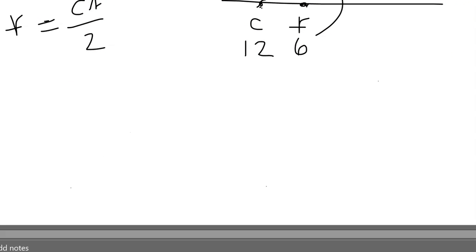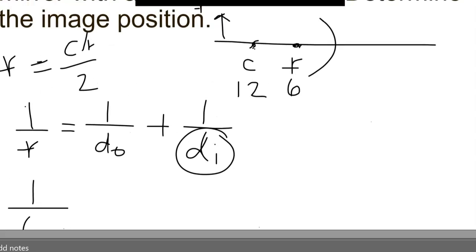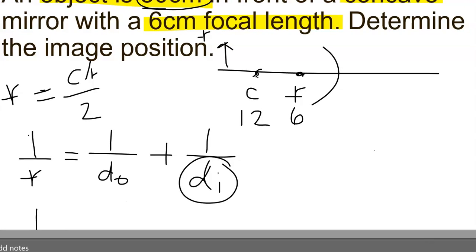Scroll down. Okay, so remember our formula is 1 over F is equal to 1 over DO, distance of object, plus 1 over DI, and we are solving for DI. Okay, so we are going to do 1 over our focal length, which is 6, and is that a positive or negative focal length? Let's go back up. Positive.